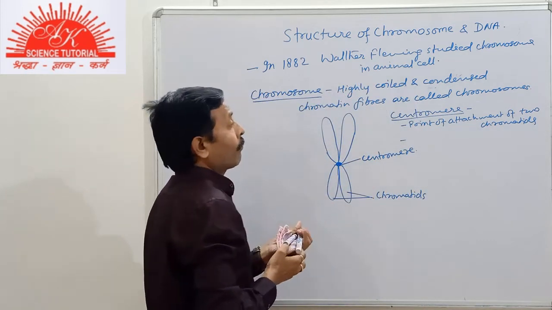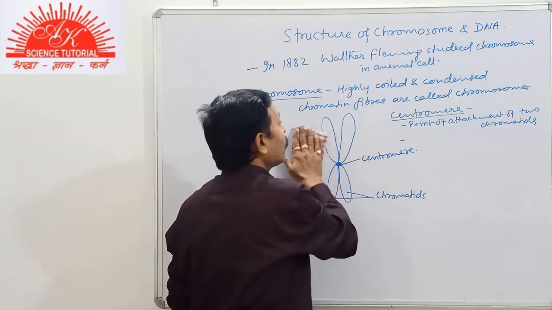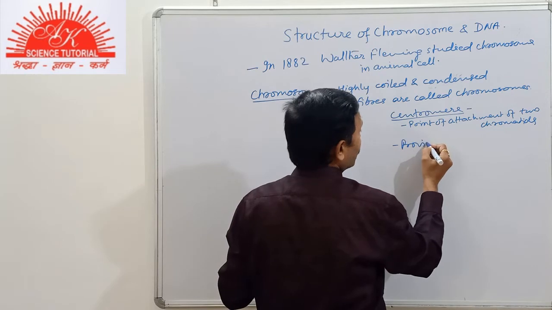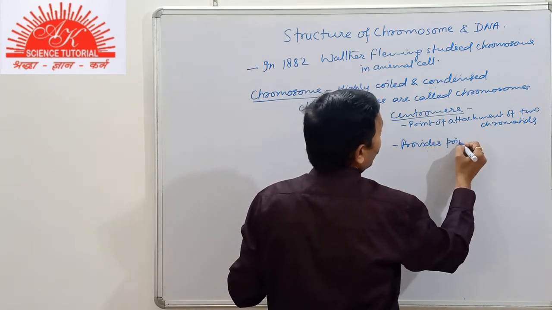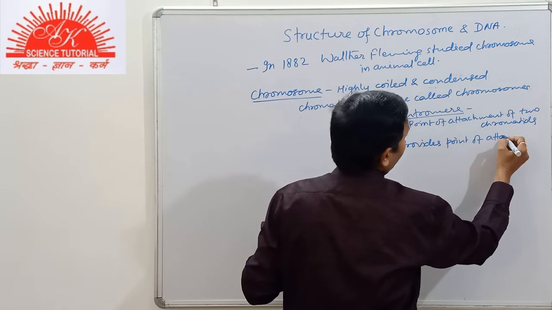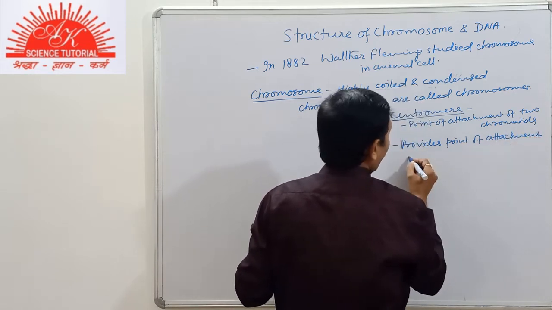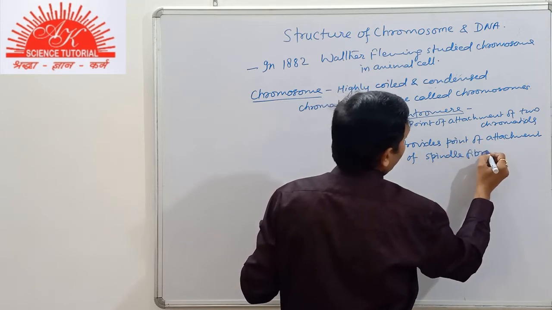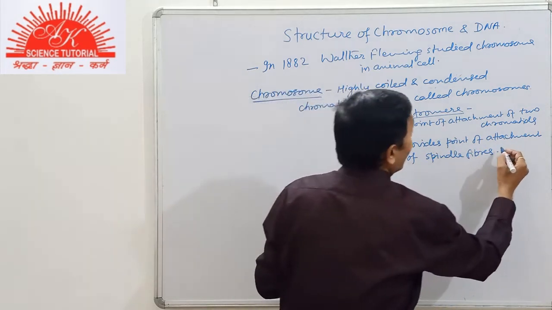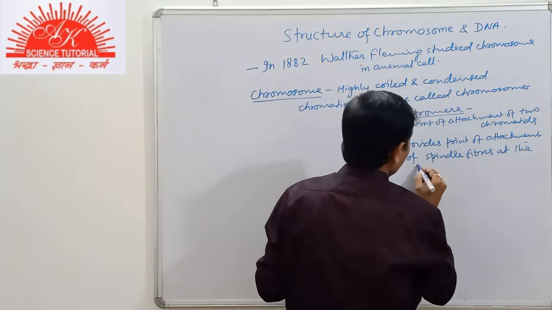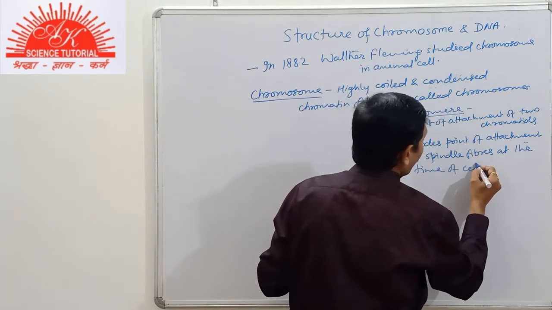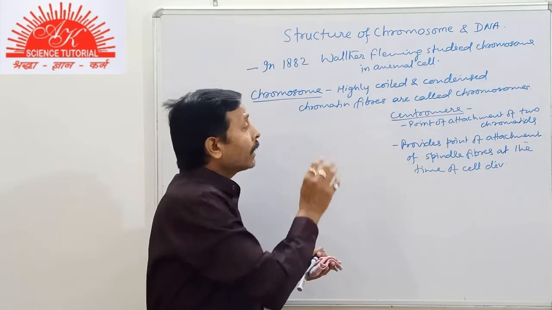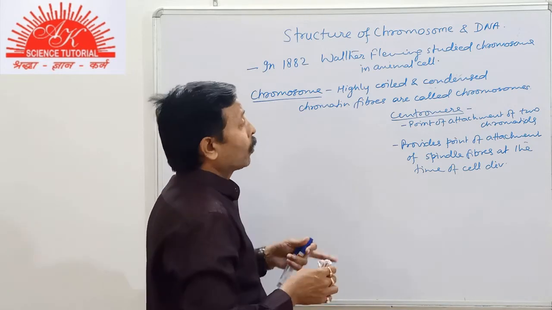And second, it provides point of attachment of spindle fibers at the time of cell division. So, these were the general points related to chromosome.